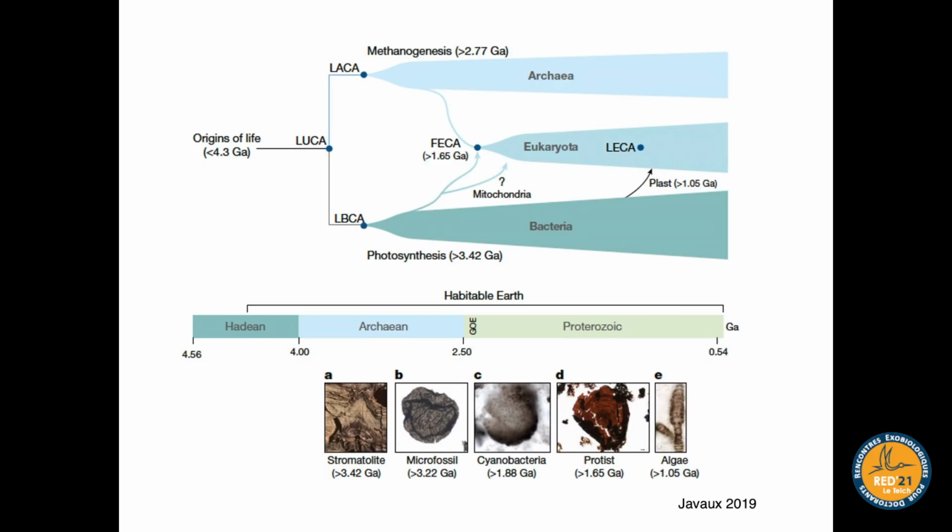And so here, if you look at the geological timescale, you can put the origin of life before 4 billion years old, even before 4.3 for some of them, and then you will have the evolution of two very important metabolic activities, methanogenesis and photosynthesis, that should have evolved very early in the Archean. And that is very interesting.